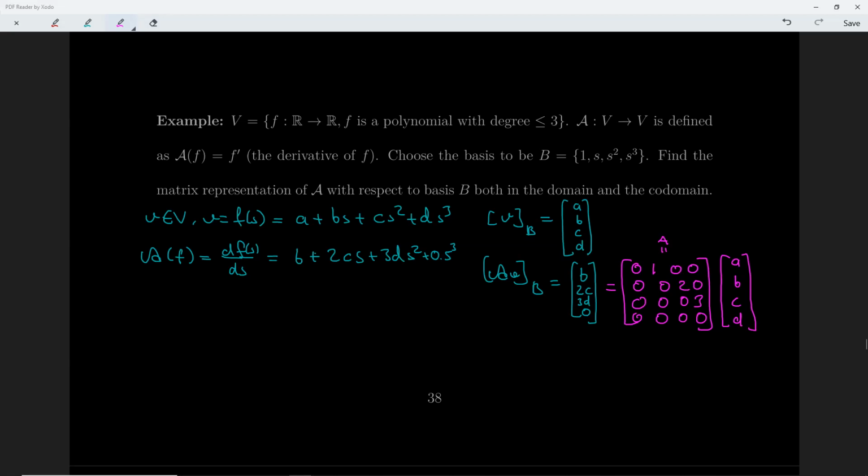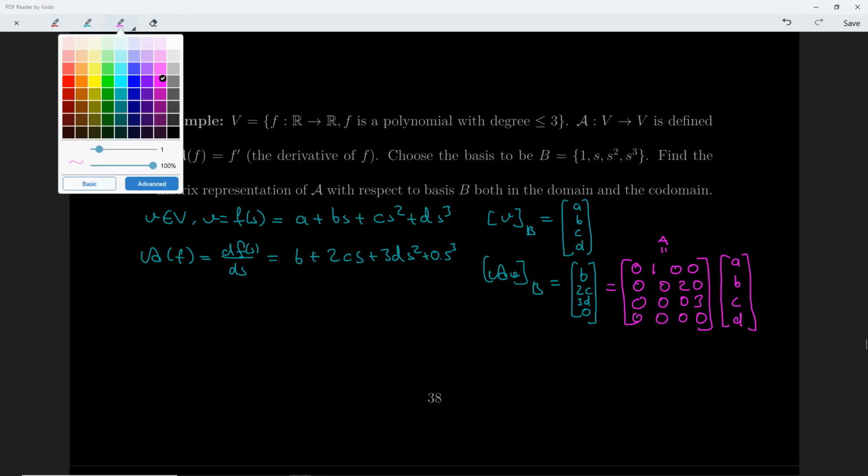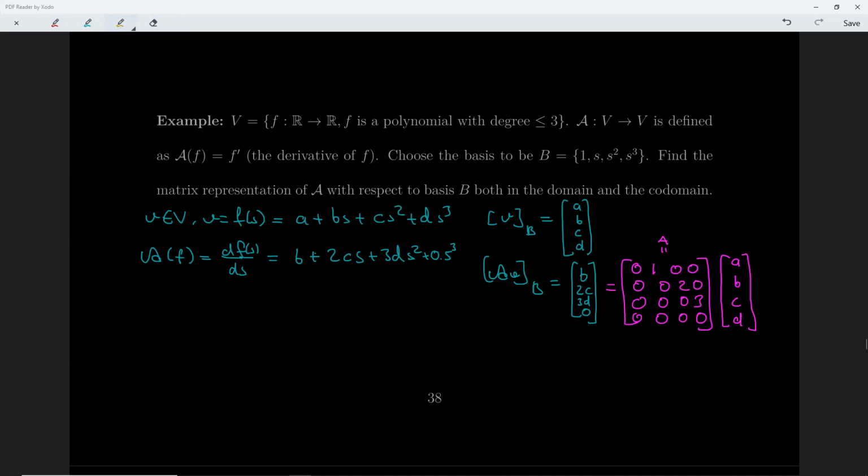And notice that that thing is still the same, maybe I can pick another color over here. So notice that A is still the same matrix that we were talking about.